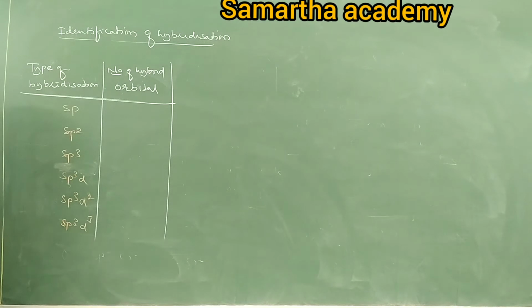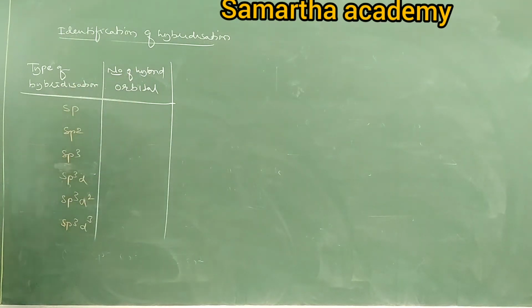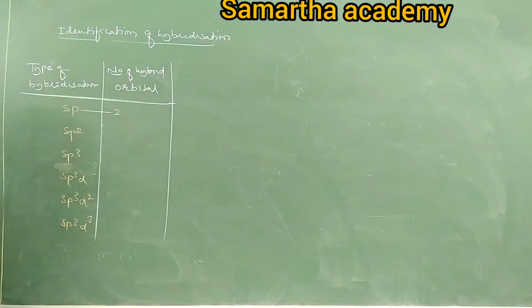Now tell me, how many hybrid orbitals are present in sp hybridization? 2, isn't it? It is the intermixing of one s orbital and one p orbital to form 2 sp hybrid orbitals.